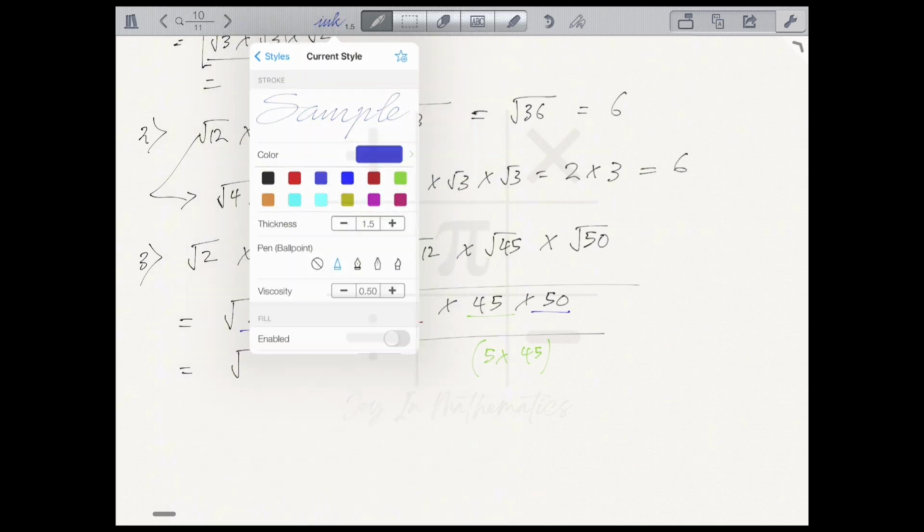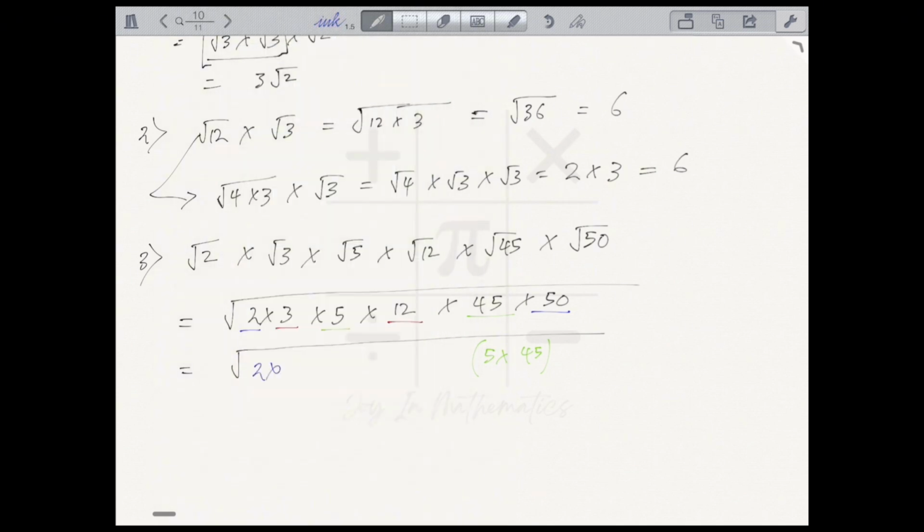So 2 multiplied by 50 now is 100, 3 multiplied by 12 is 36, 5 multiplied by 45 is 225.